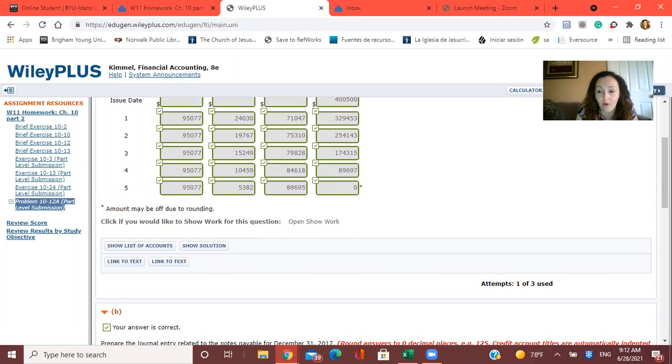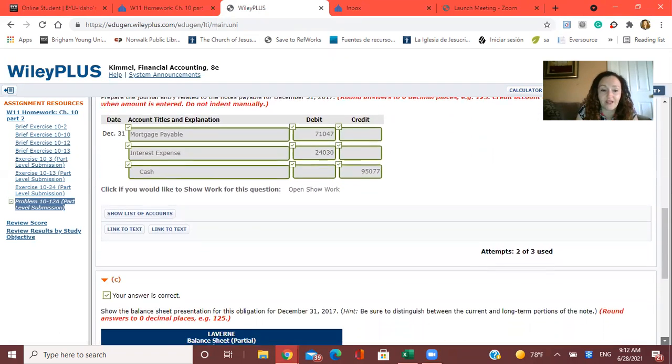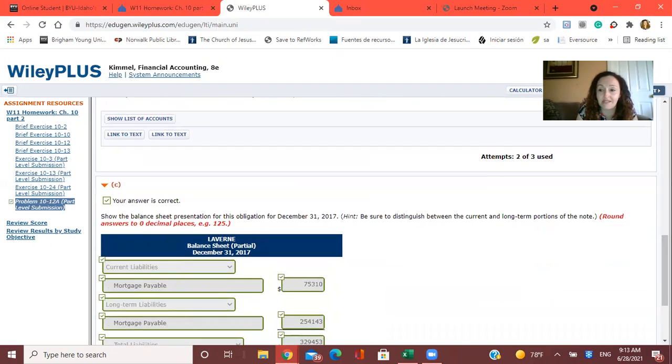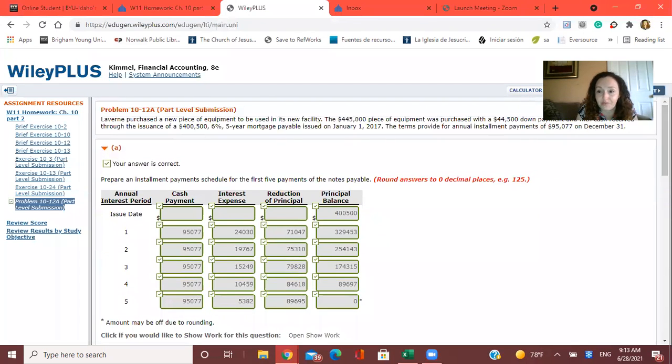The complete exercise has three different parts, A, B, and C. We're going to start with the first part. The first part says, Laver purchased a new piece of equipment to be used in its new facility.